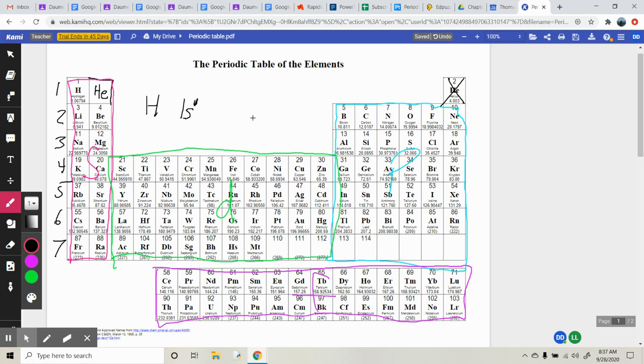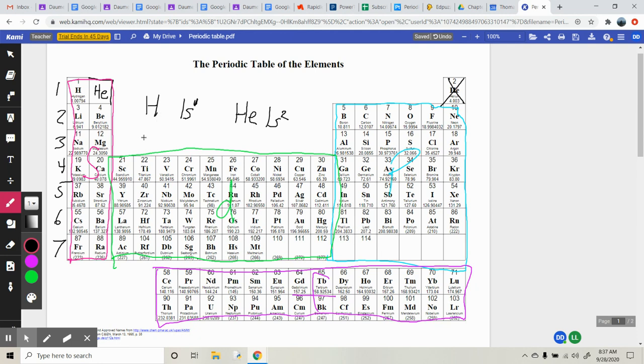So let's look at helium. Okay, helium is the first row, s orbital, and it is no longer the first atom in that row, it is the second. So it is 1s2.